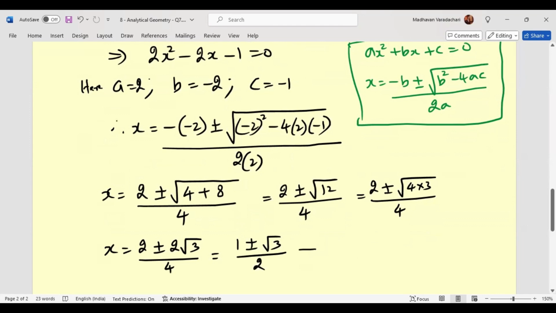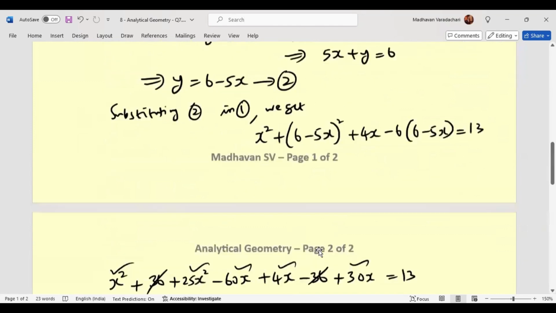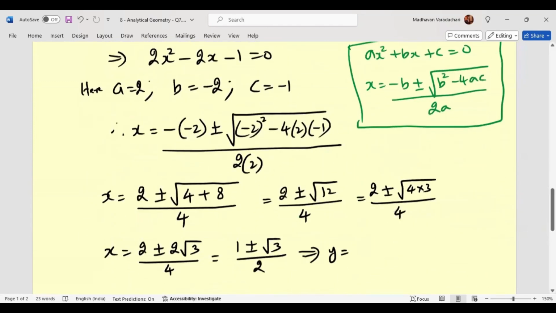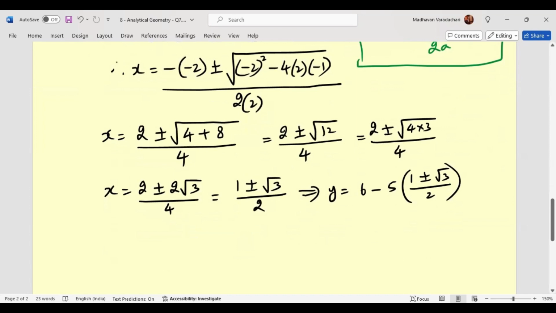That means our y will be, what is y? 6 minus 5x. 6 minus 5 times this x. So y equal to, now let us take common LCM as 2.